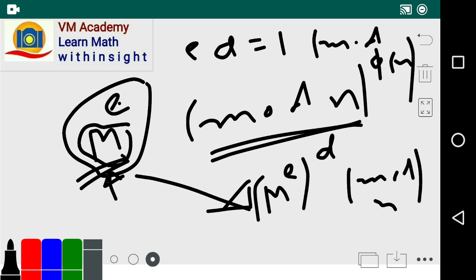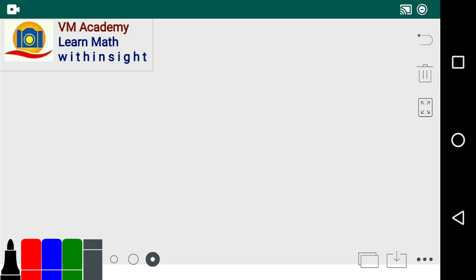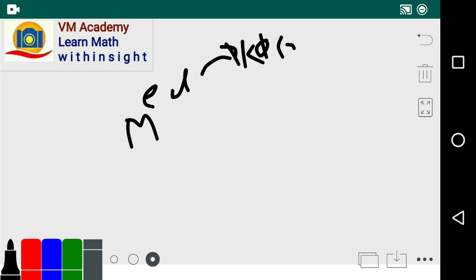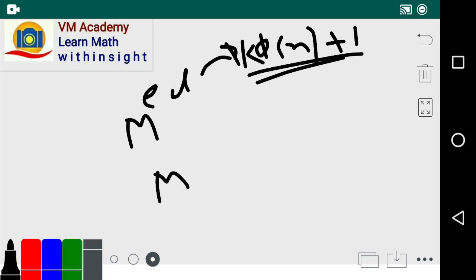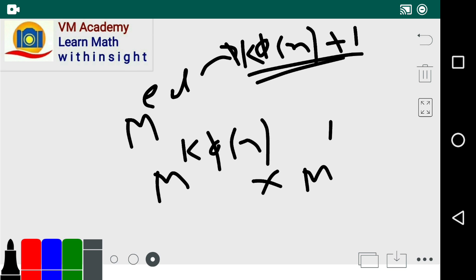that means the product ed is just greater than a multiple of phi n, friends. So here if we put m raised to ed as a multiple of phi n plus 1, then we get m raised to k into phi n, into m raised to 1, mod n.